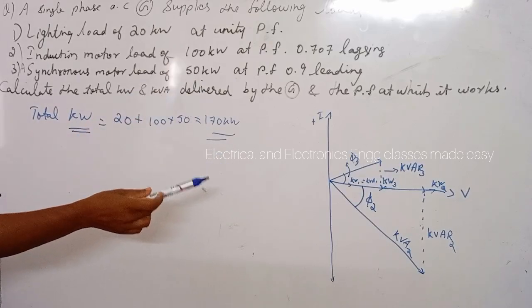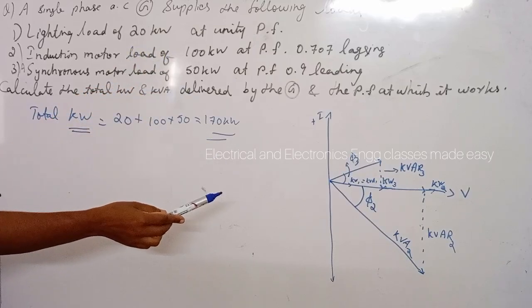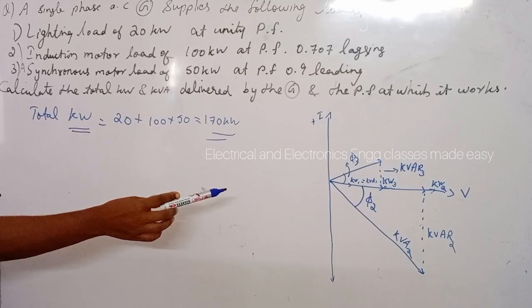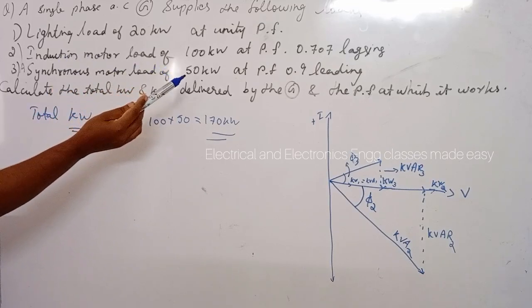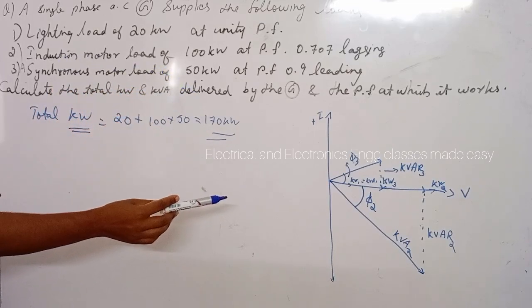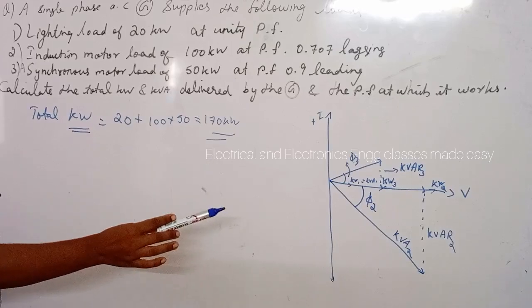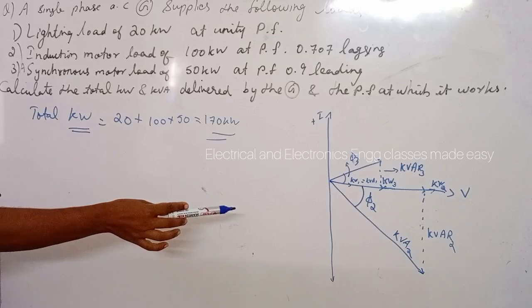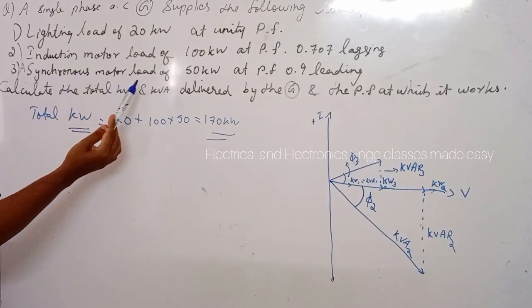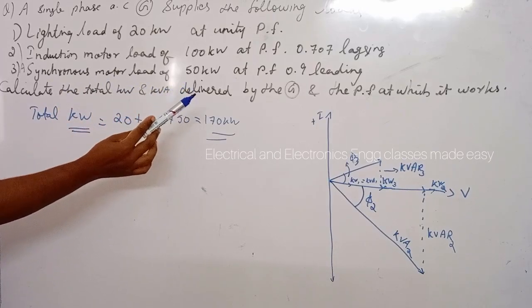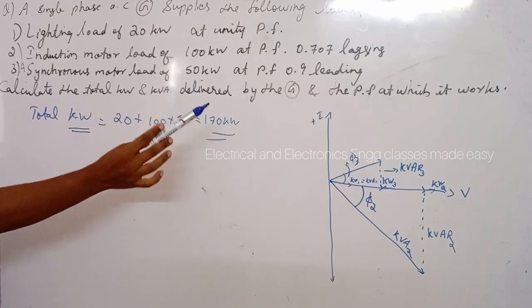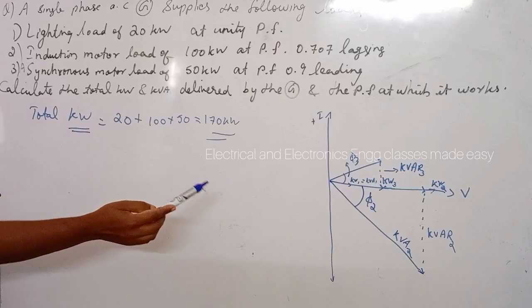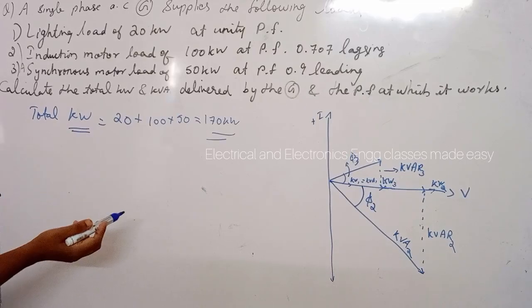Here the first load is at a unity power factor, so there is no angle we have to represent. The next one is at 0.707 lagging, so kW2 is at an angle phi 2. Then the third one is 50 kW at a power factor 0.9 leading, so it is upwards, and its angle is phi 3.